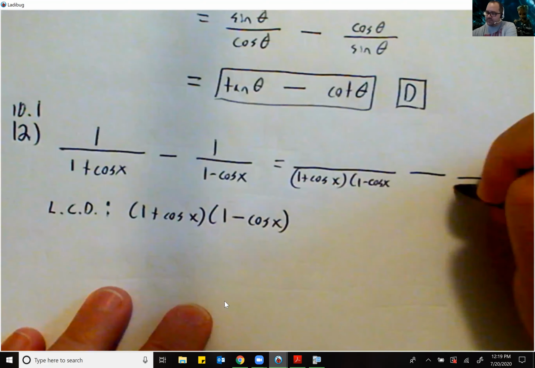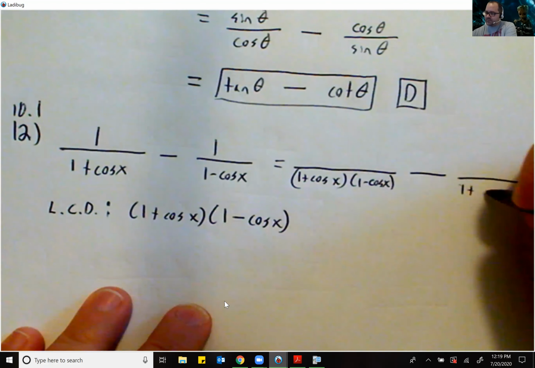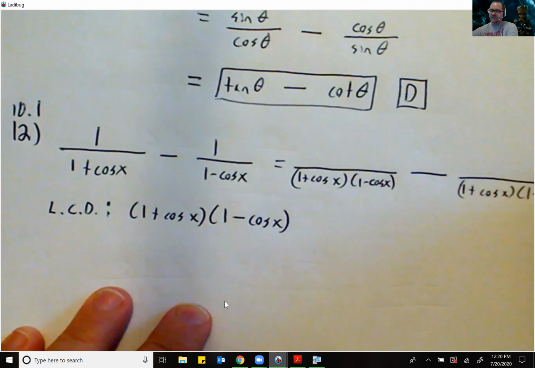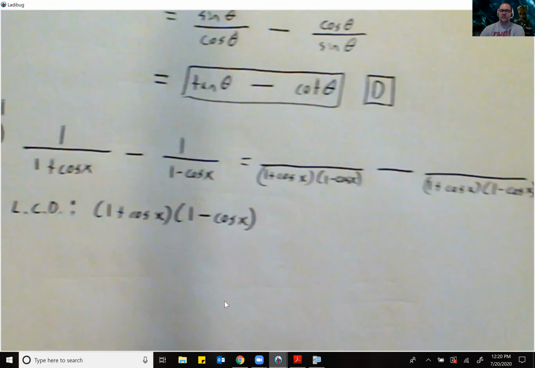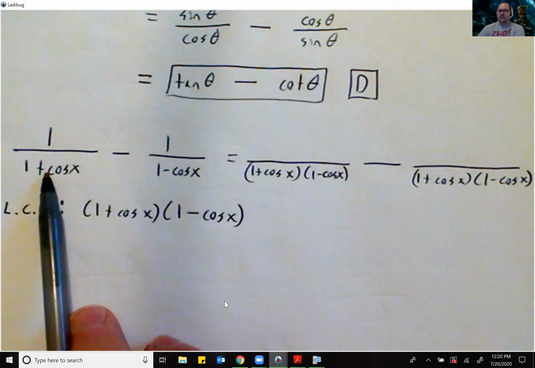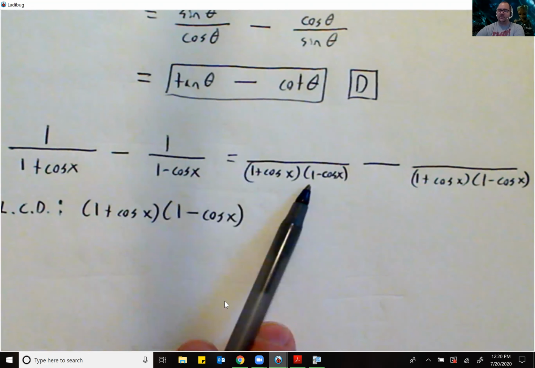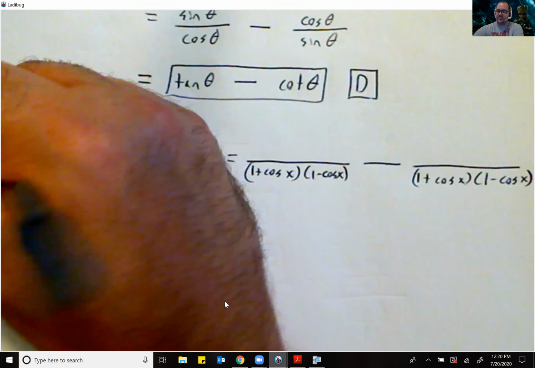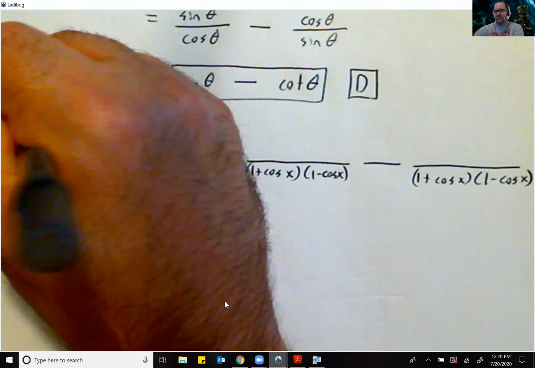Okay? So here's my denominator. Here's what I need. What's it missing? 1 minus cosine x. Yes. So I'm going to multiply the top and bottom by 1 minus cosine x.